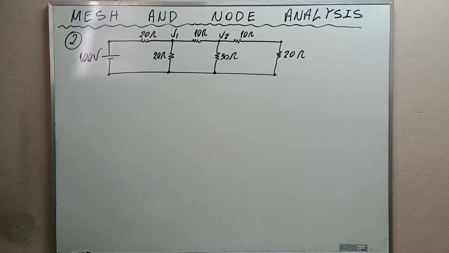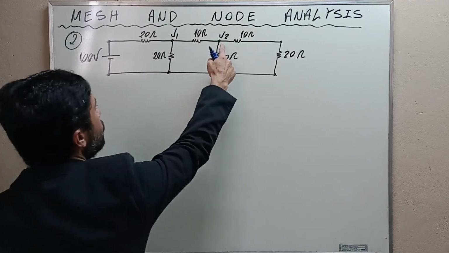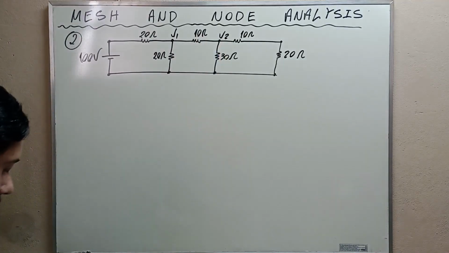And to determine the value of the voltage at node 2, we shall employ nodal analysis in conjunction with Kirchhoff's current law at both node 1 and node 2, okay? And for this purpose, we are going to use some labels here as well.